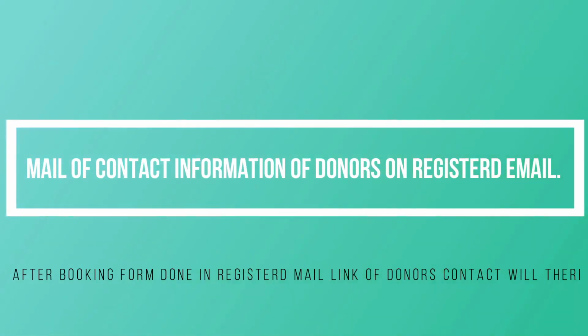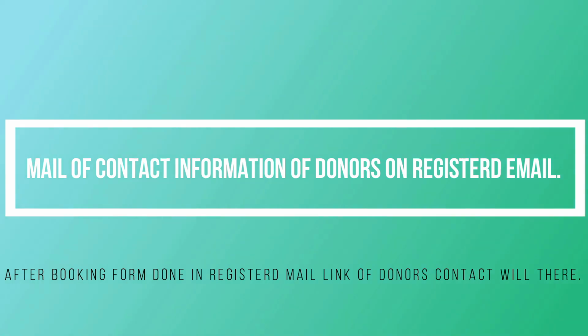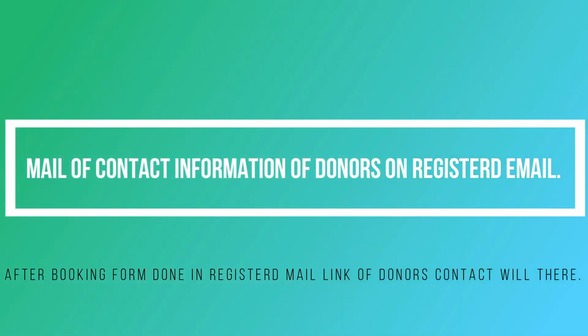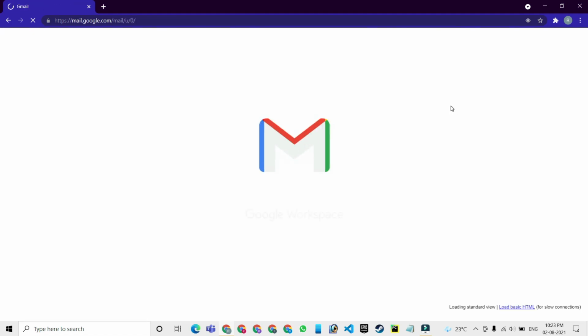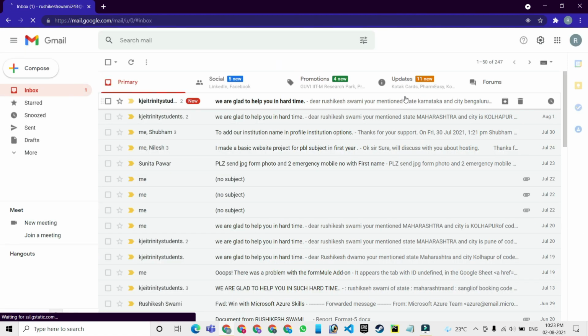Now let's check the email for the donor's contact link. So you have to open the Gmail which you mentioned in the plasma or oxygen cylinder booking form. You will see the mail from KJA Trinity Students NGO.